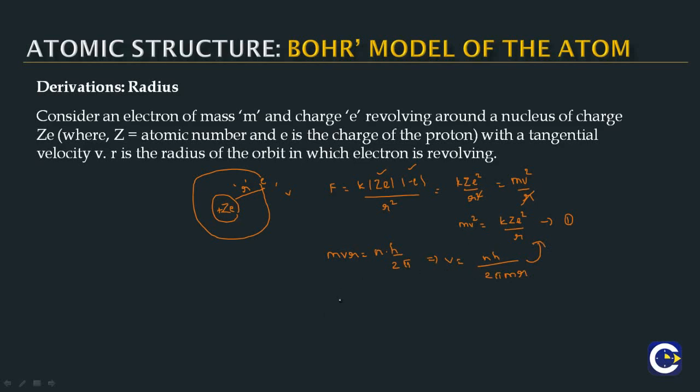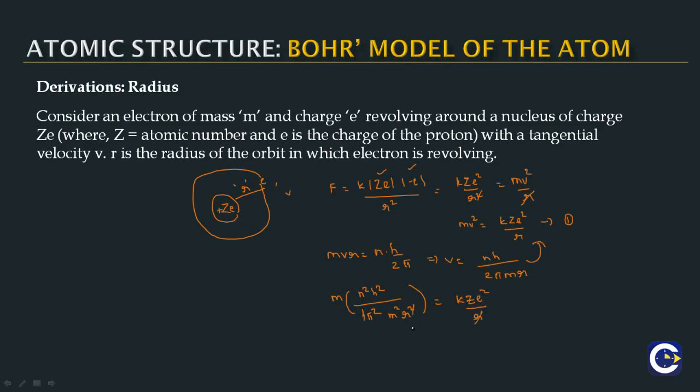So what we are going to get is m into n square h square, since in place of v square I use nh by 2 pi m r the whole square, so n square h square by 4 pi square m square r square will be equal to k Z e square by r. Now 1 r and 1 r will be cancelled.